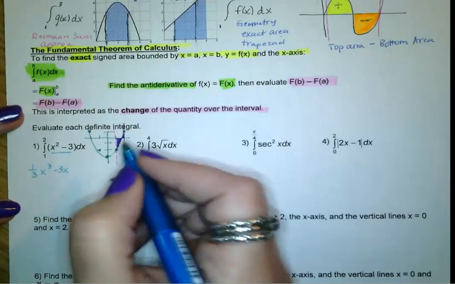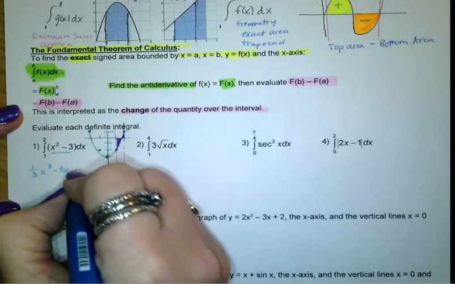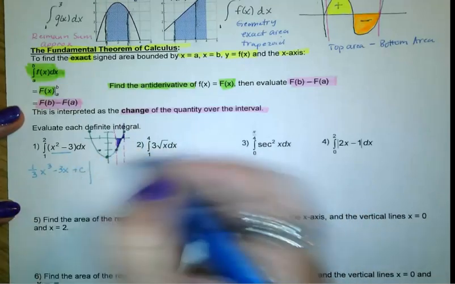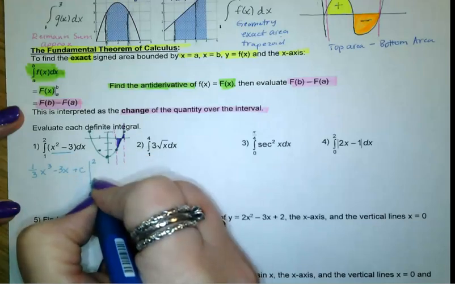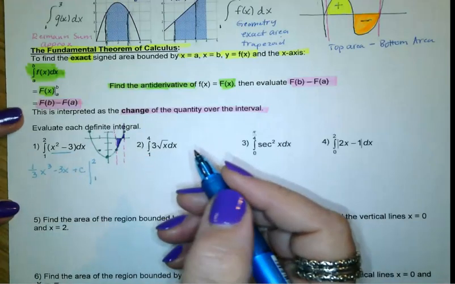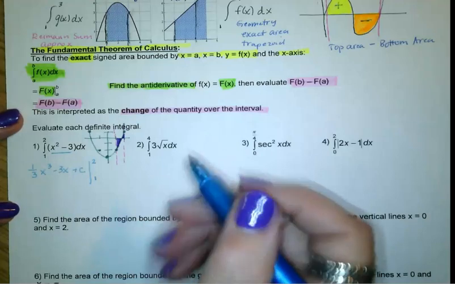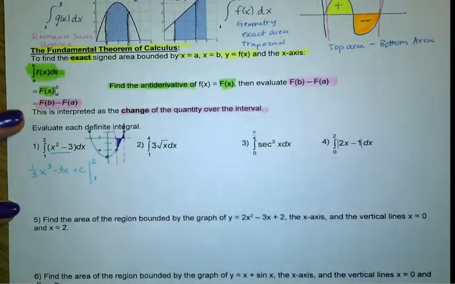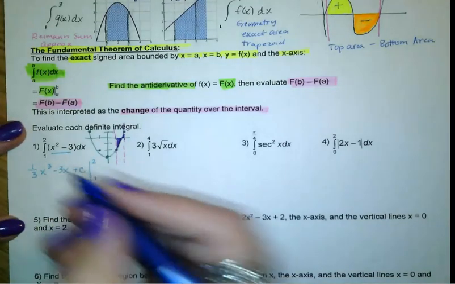And then I'm going to show you this one with a plus c, and you'll see why it's a big deal right now. And then I'm going to evaluate it from the top bound on the top to the lower bound on the bottom. Okay? So what I'm going to do here then is put the 2 in for all of this, and then the 1 in for all of this, and do that computation.